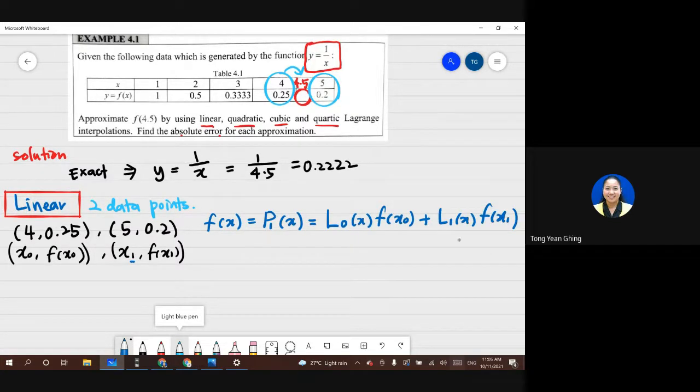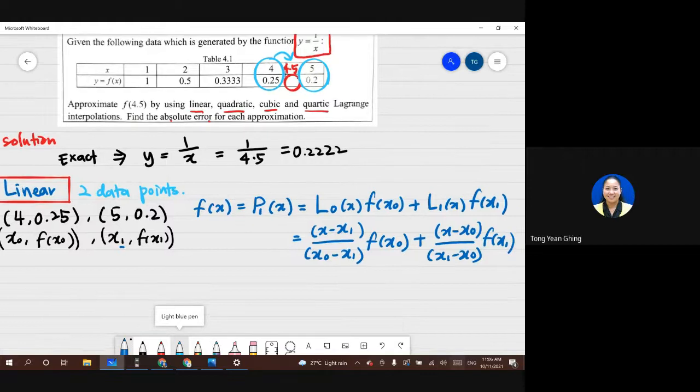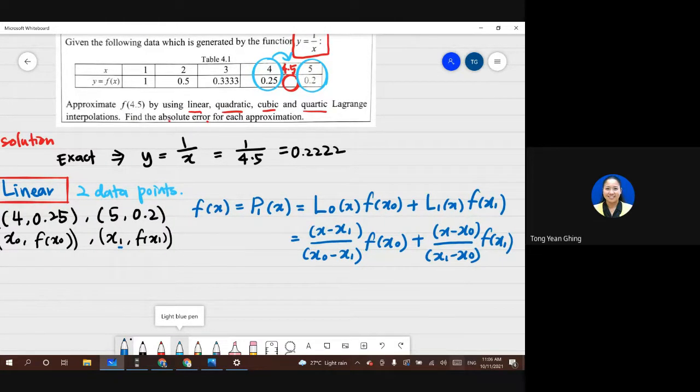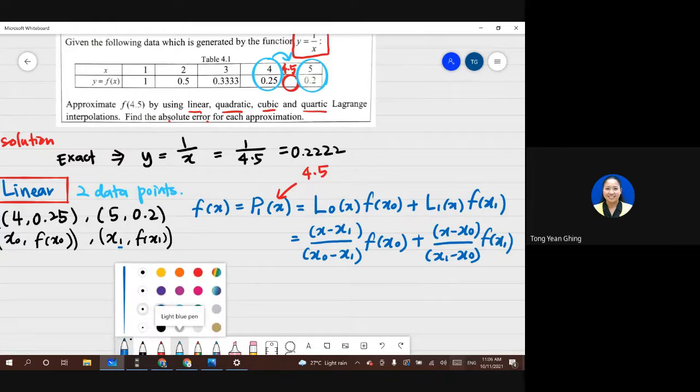L naught, the weighting function, starts from x naught minus x1, so this is x minus x1, times the value of x naught here, plus for the L1, x1 minus x naught, x minus x naught, f x1. Now I want to find the value when x is 4.5, so I will substitute it in, and the equation becomes like this.